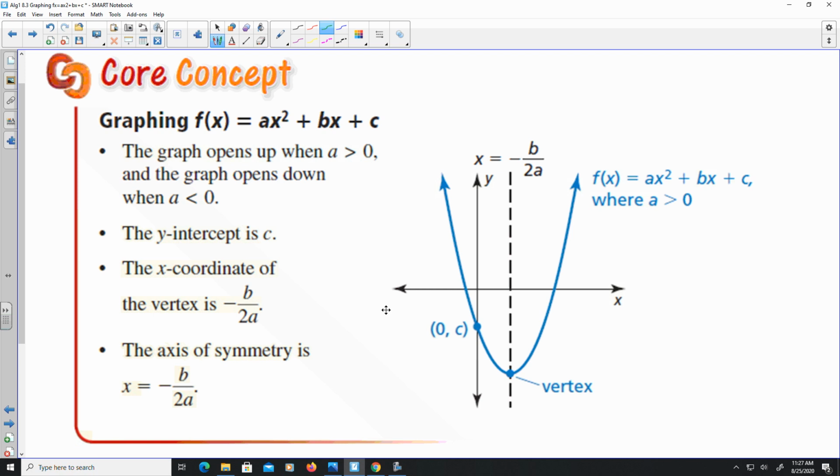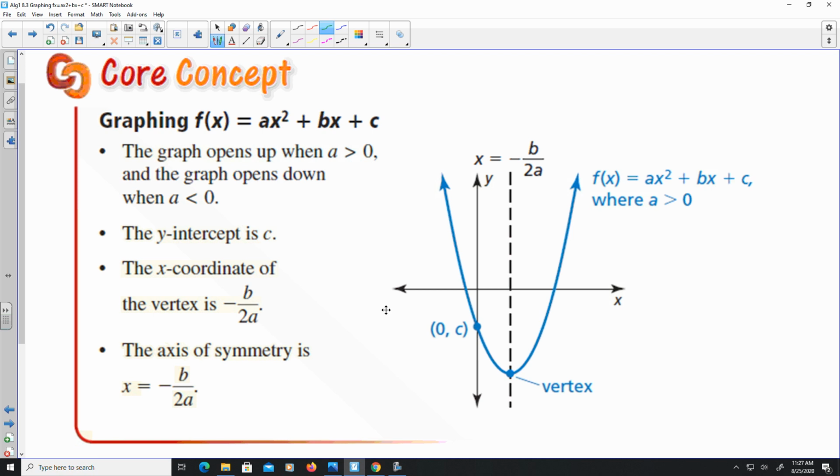To figure out what the vertex is, the first thing we'll do is figure out what the axis of symmetry is, because then we can go from there and figure out the vertex. So it says here, graphing f of x equals ax squared plus bx plus c.